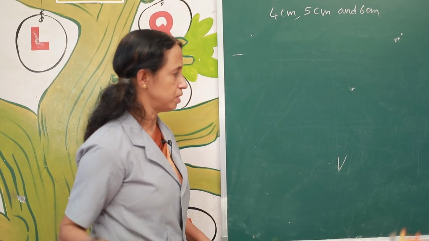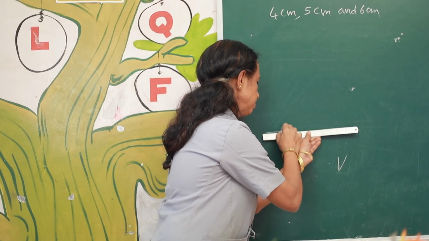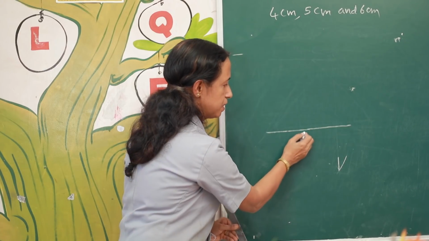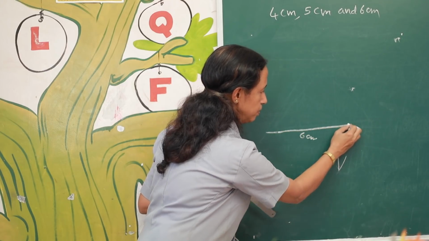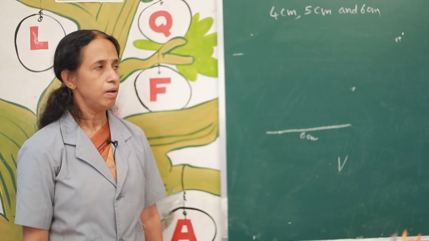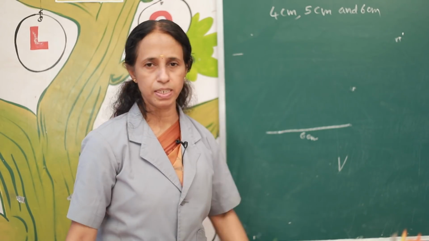Measure 6 centimeter and draw a line. Next, the sides 4 centimeter and 5 centimeter.